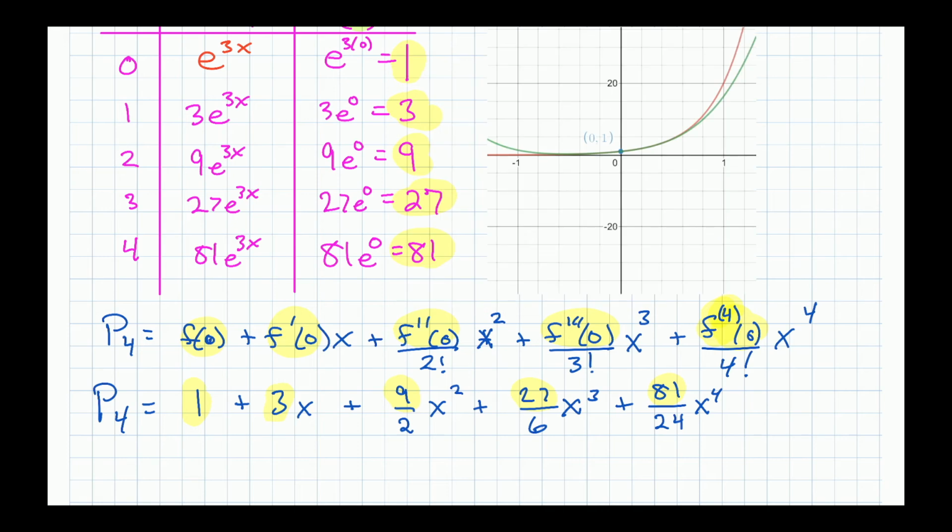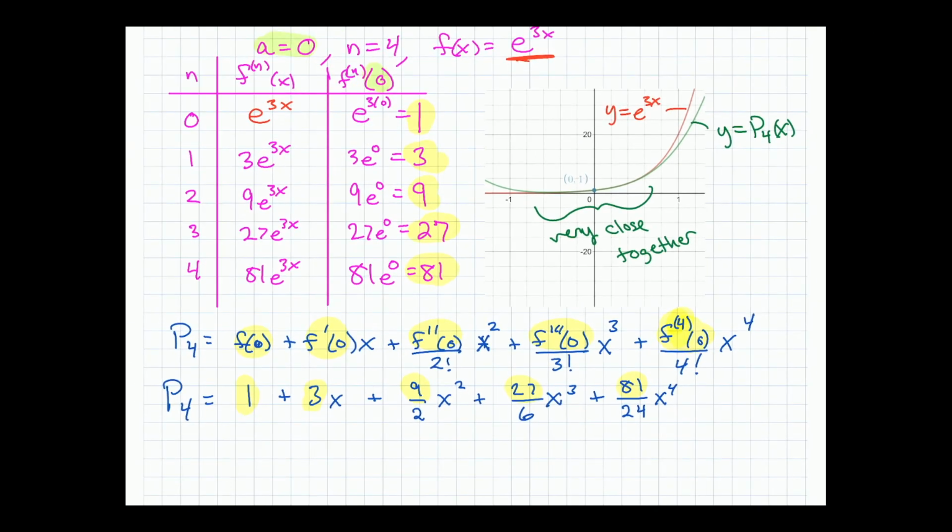All right. So what do we got? We've got the red curve, which is y equals e to the 3x. And we've got a green curve, and the green curve is y equals P4. And of course, what you can see is that in this range, they are very close together.